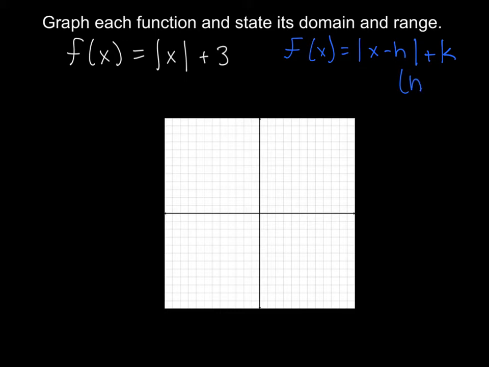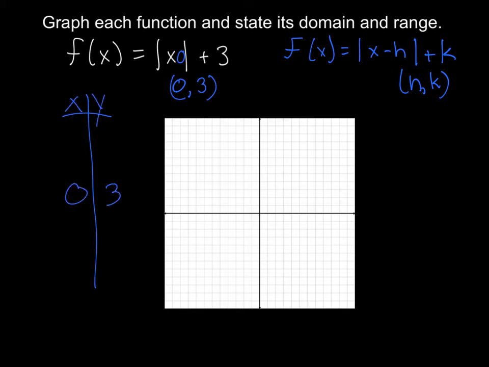So HK is your vertex. So in this case, we don't have anything added in here, so 0 and then K is 3. So that's my vertex. So on the XY table, I want 0, 3 in the middle. And then I'm going to pick 2 points before and 2 points after.